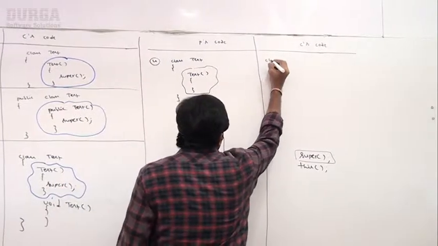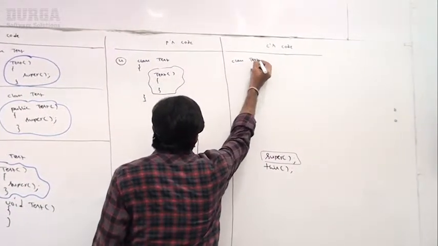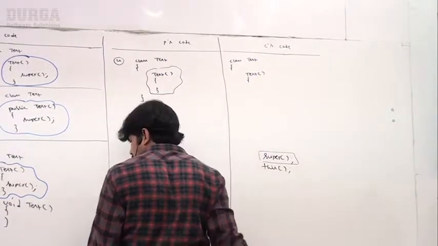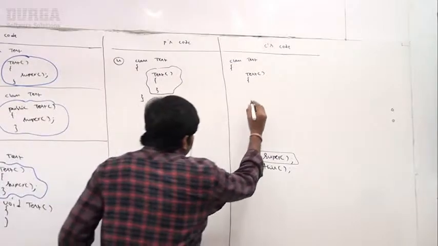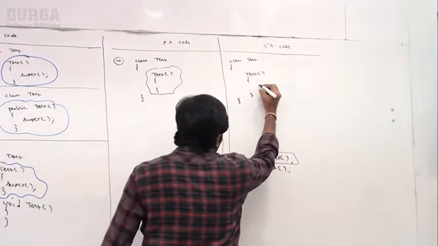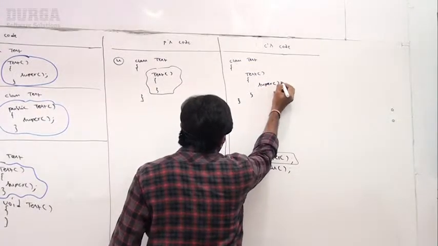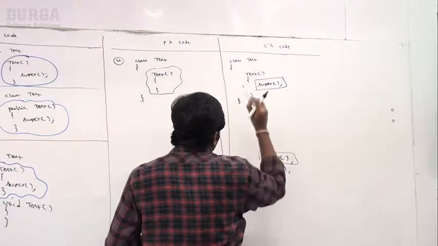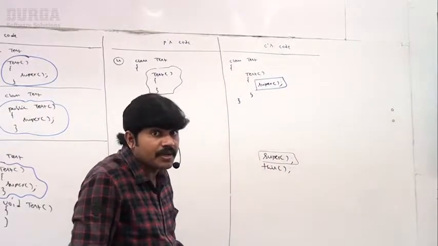Now class test. Here I'm taking test. Inside that, the compiler will generate one line. What is that line, sir? Super. Please make sure, this is a very important point. Let me repeat again.